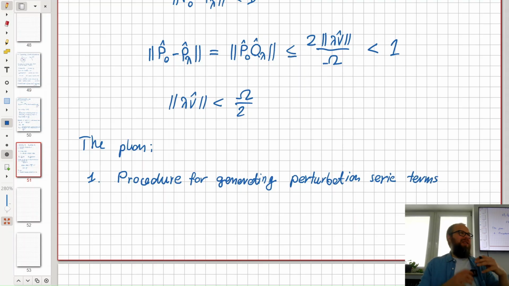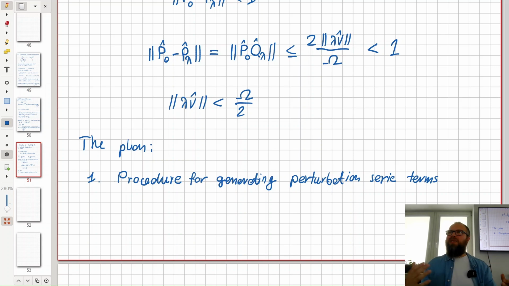Because if you want to do perturbation theory, first you have to have terms of your perturbation series from some place. There is some procedure for doing that. In the previous lecture, we didn't have any framework for that, so we just substituted the generator as a series, put it into the formula for diagonalization, expanded everything into a power series and compared terms.